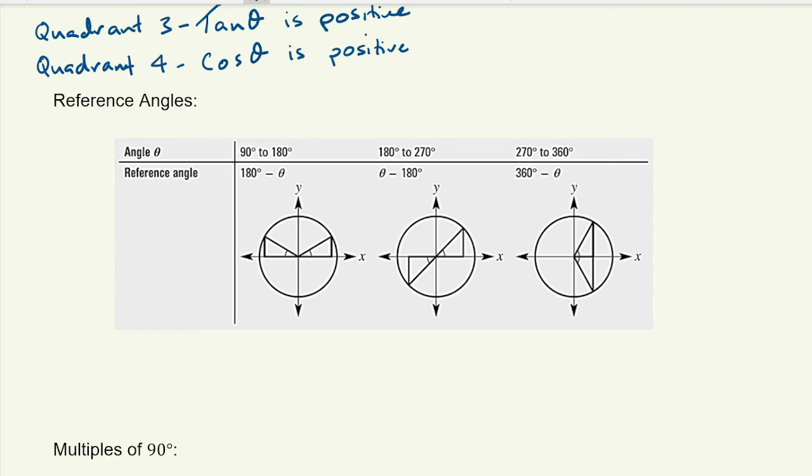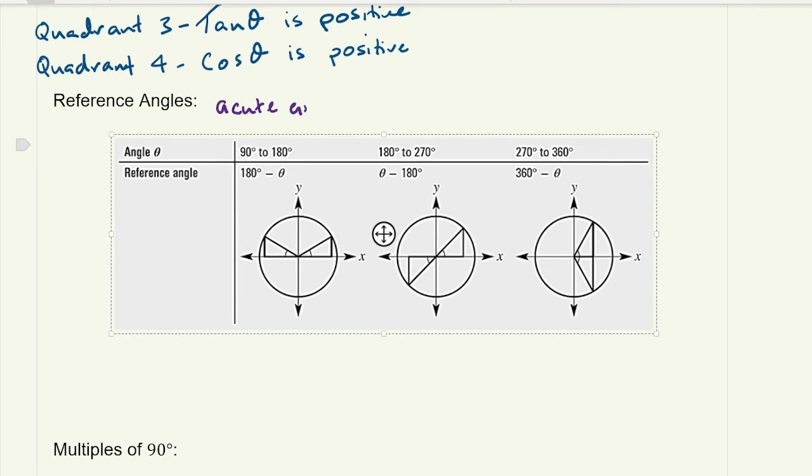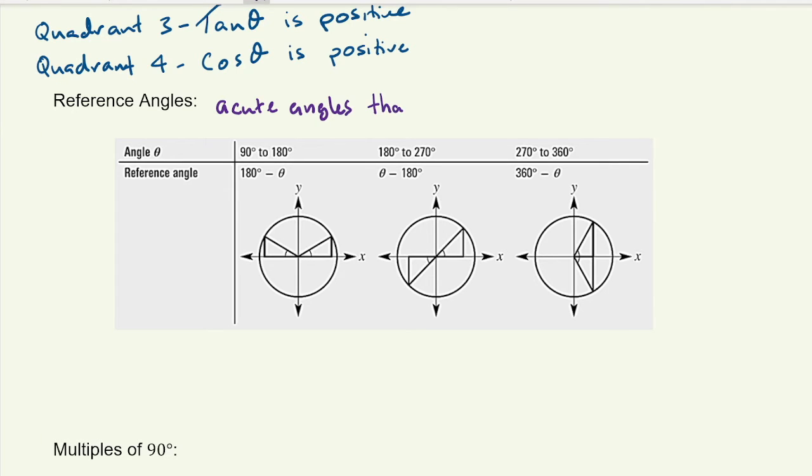Reference angles are acute angles, and they help relate cosine theta and sine theta to the first quadrant, because that's going to make life a little bit easier.